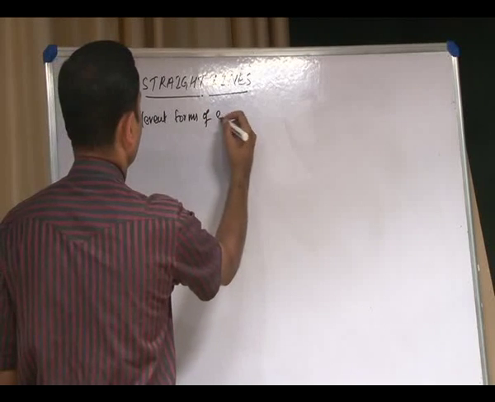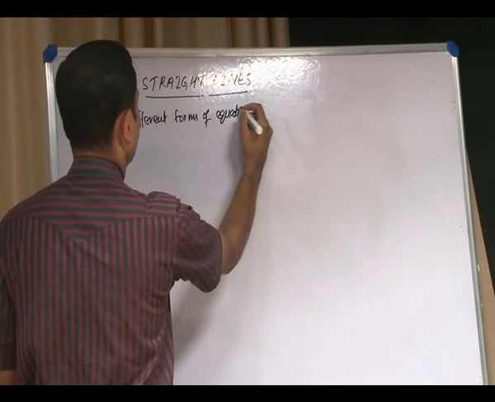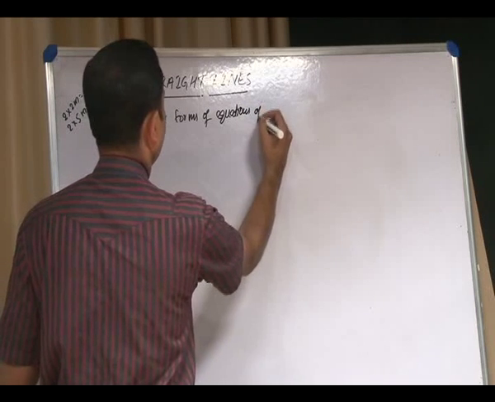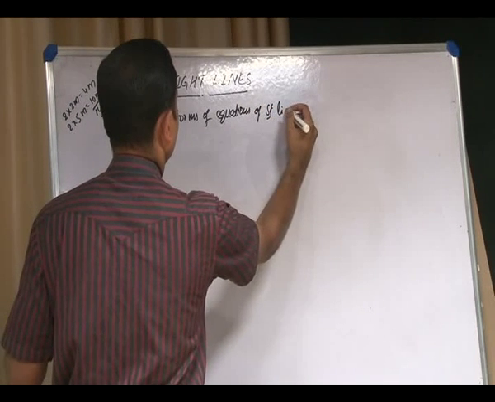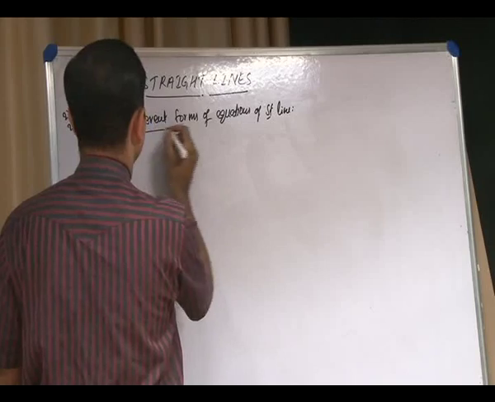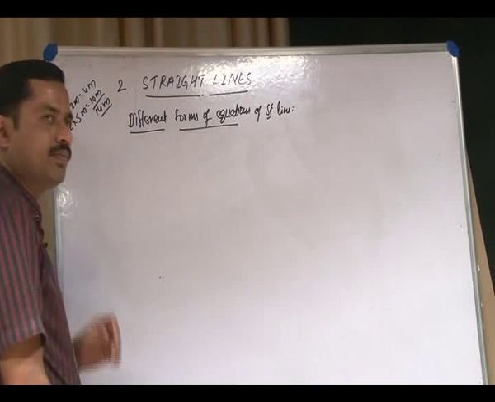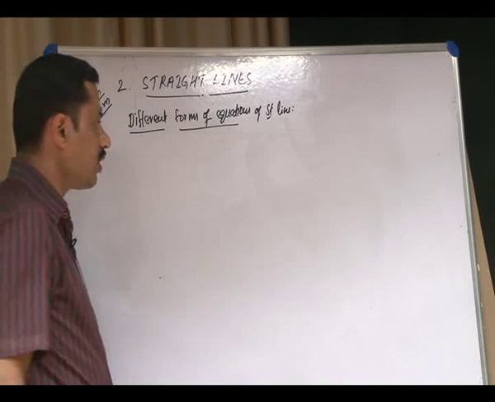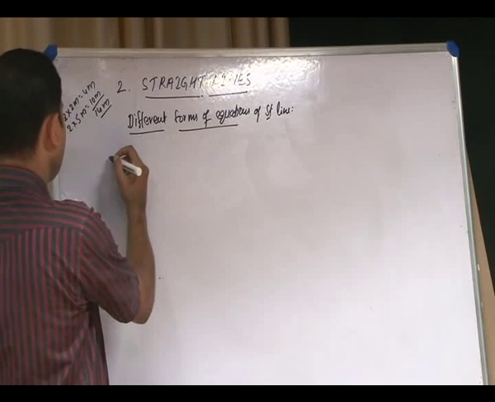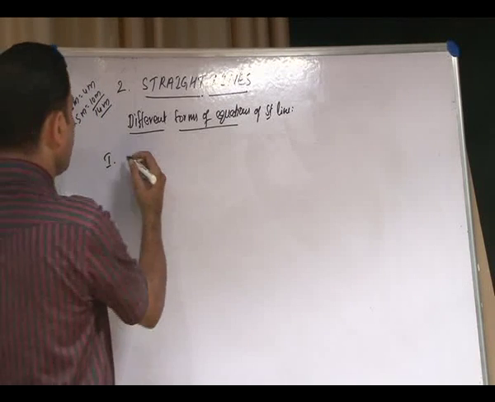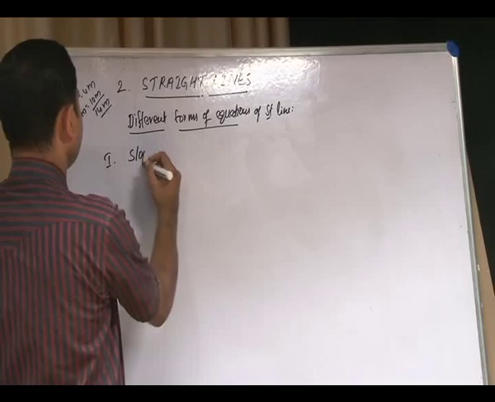In that, the first one is the slope-intercept form.